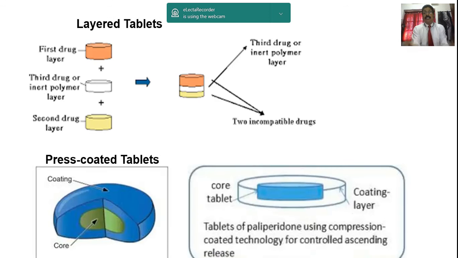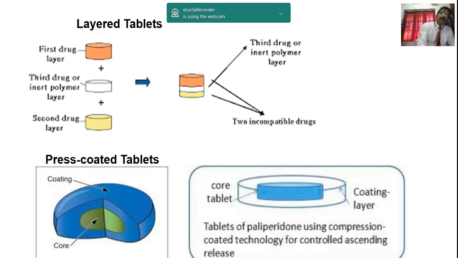Now you see this picture. This picture will give you the idea of what we have read now. So first drug, and there is a third layer which is a polymer, not a drug, and then second drug, that both together can be compressed. See, the third layer is inserted which will separate the two incompatible drugs and can be made into one tablet. It is possible.